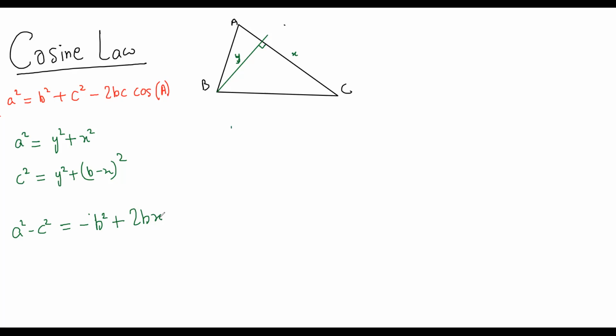Or is something wrong? C square is y square plus b minus x square. A square is y square plus x square. Yeah, I should subtract. Okay, let us see. So this x is coming here, right? So maybe we'll end up getting something else. Let's see what we get.